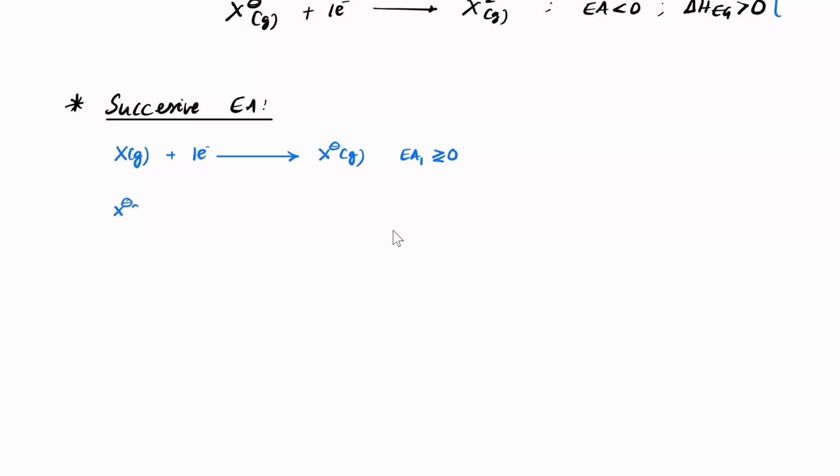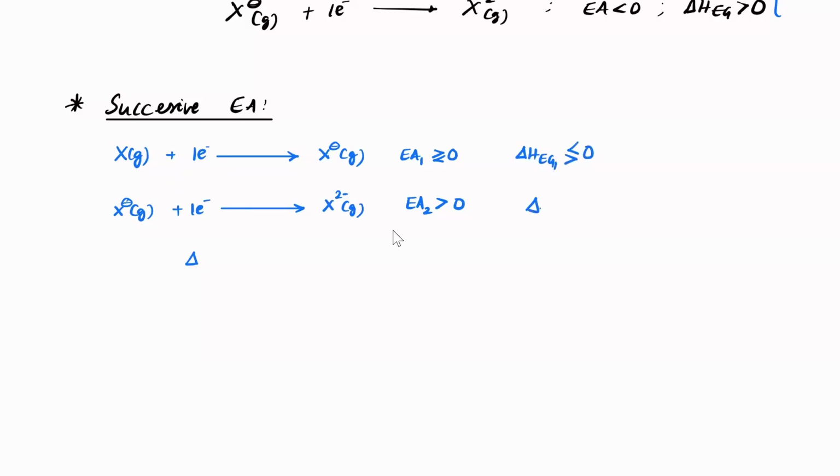The second case, irrespective of whatever it is, as long as it is X minus and now you are adding an electron to make it X2 minus, then the electron affinity part is always going to be greater than 0. And the other interesting part here is that delta H of electron gain enthalpy can also be less than or greater than or equal to 0.